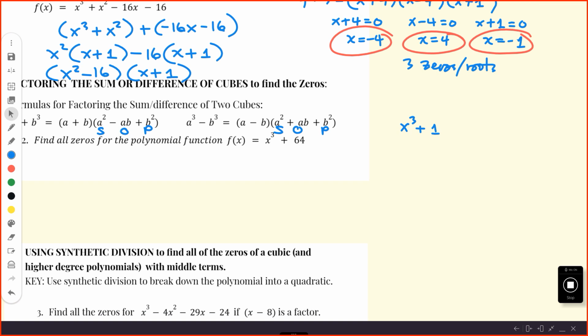It's just going to be x plus 1 times, hold on, and then I'm just going to write this. x squared minus 2x, or sorry, minus x plus 1.